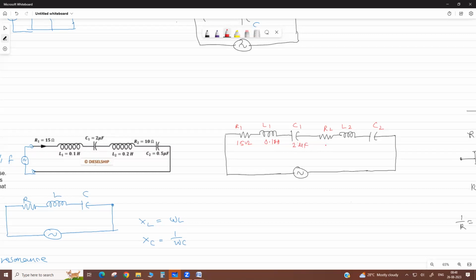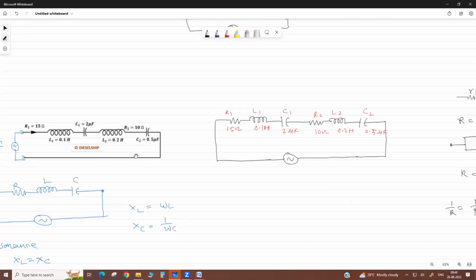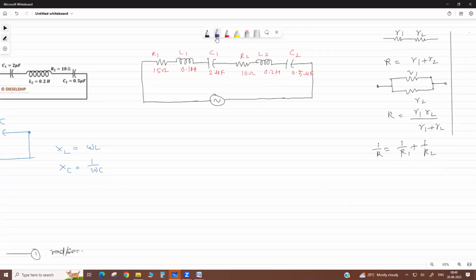Then R2 is 10 ohm, L2 is 0.2 Henry, and C2 is 0.5 microfarad. Suppose you apply voltage and frequency.